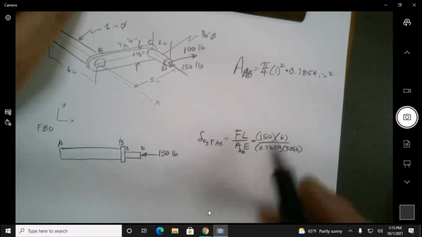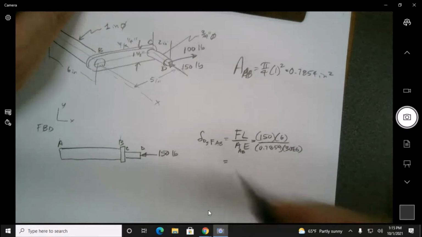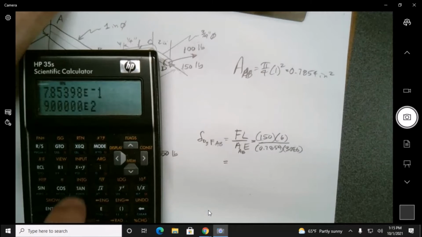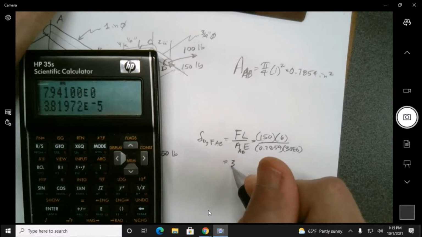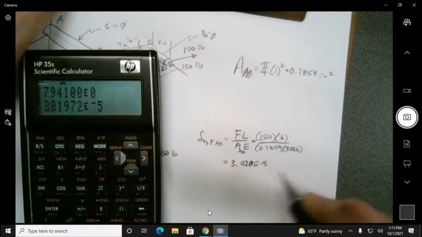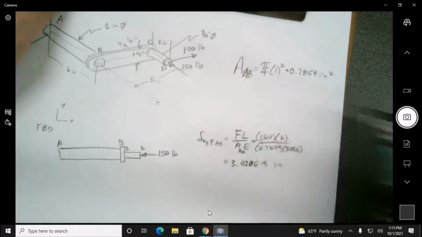A lot of places use 29 pretty often, but we'll get a small number. It's always a small number. Yes, that's really small, 3.819E minus 5 inches.